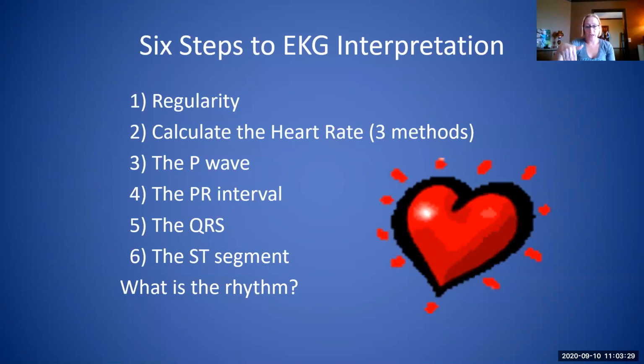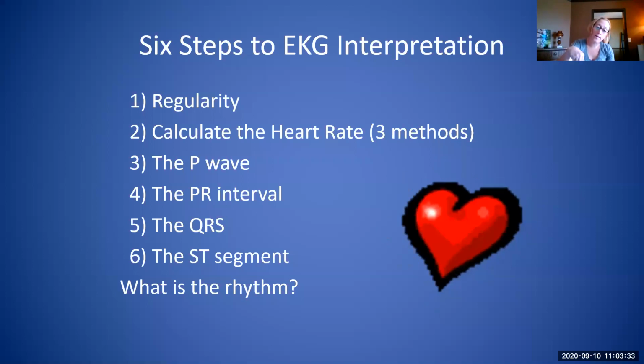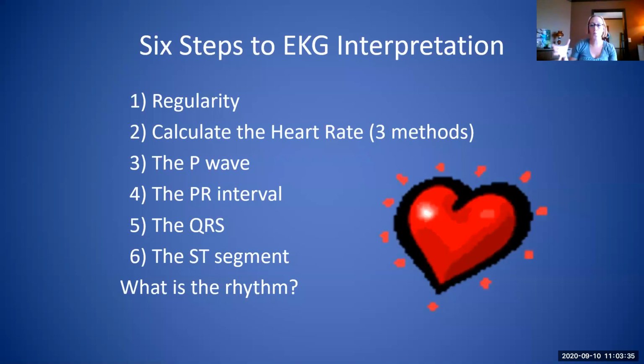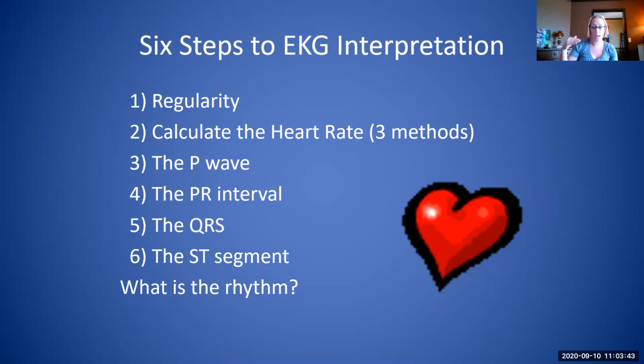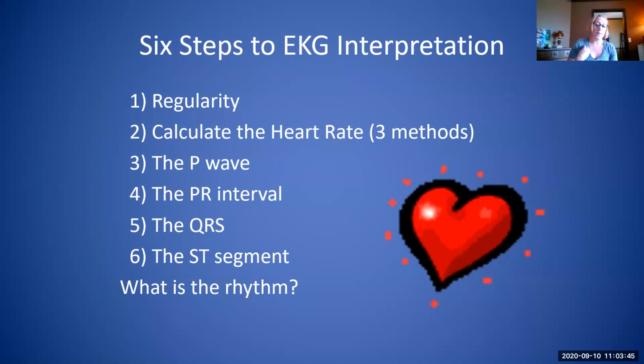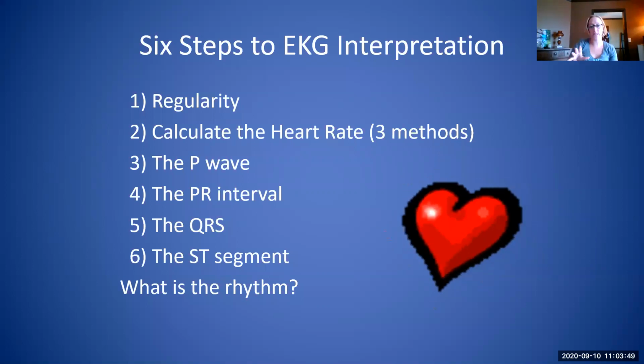Looking at the PR interval to determine if we have a heart block or not. Looking at the QRS to determine if it's widened, if there's a problem with the ventricular conduction. Looking at the ST segment, seeing if it's isoelectric, if it's high, can indicate injury. It could be electrolyte disturbances, if any of these things are off. And then that gives us our rhythm.